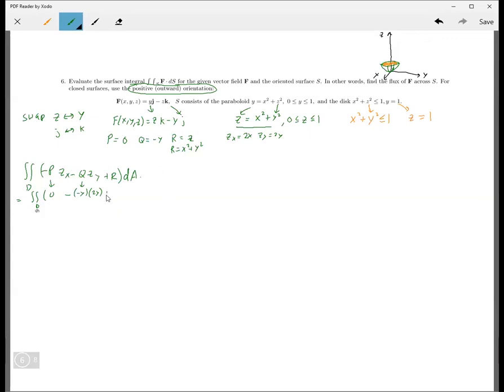We'll just use x squared plus y squared, okay? And then that's dA. It's best if we flip this to polar coordinates, and in that case, we're just going to have r go from 0 to 1, and theta go from 0 to 2 pi.